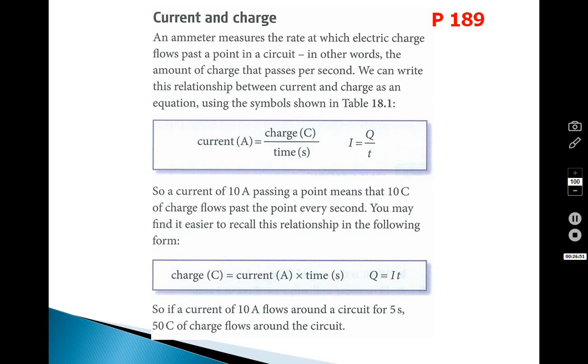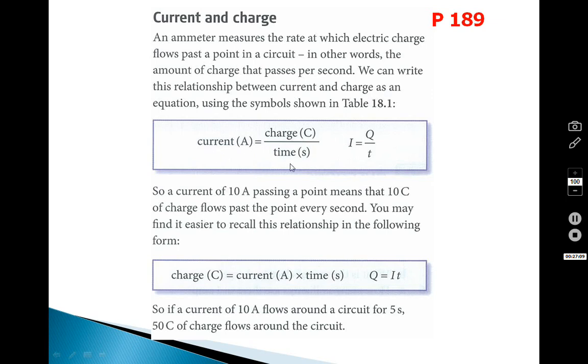An ammeter measures the rate at which electric charge flows past a point in a circuit. In other words, the amount of charge that passes per second. We can write the relationship between current and charge in this equation.